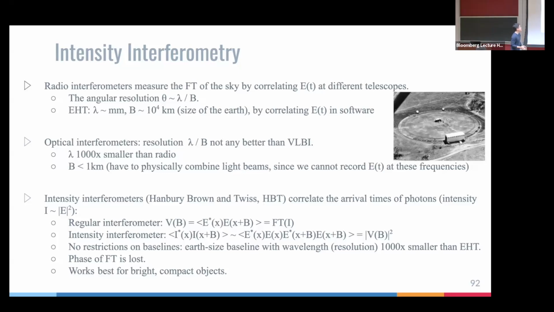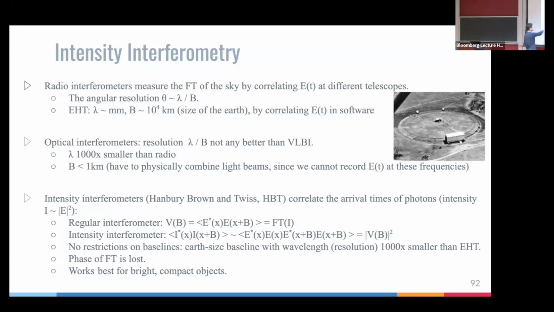But you cannot do this VLBI at the optical band because you cannot really record the electric field at these frequencies. So what we can do here is use this old idea of intensity interferometry and correlate the photon counts at different telescopes.